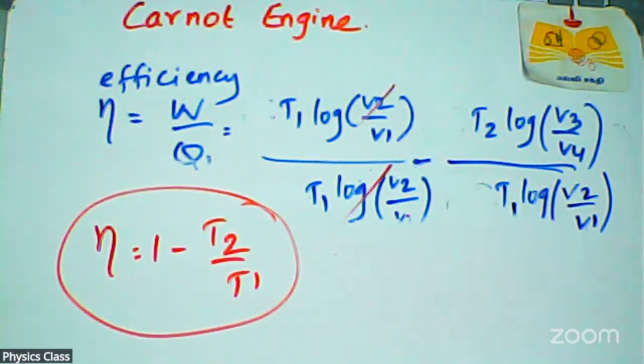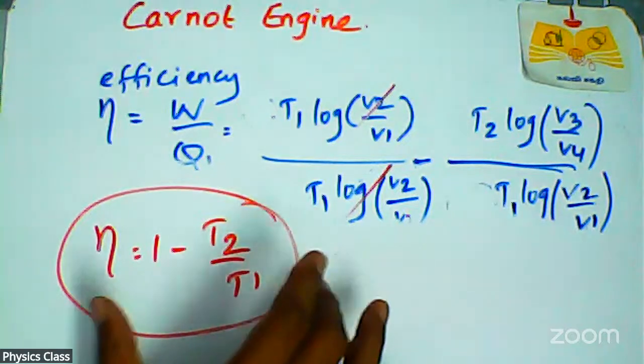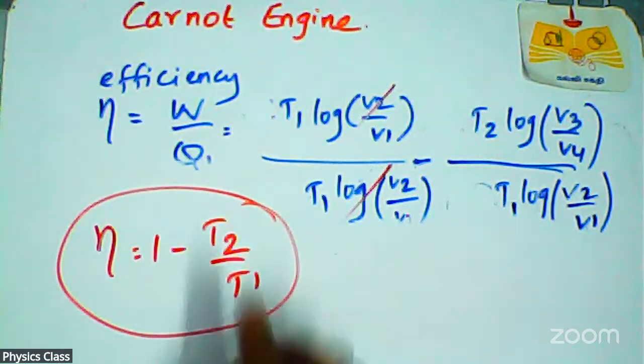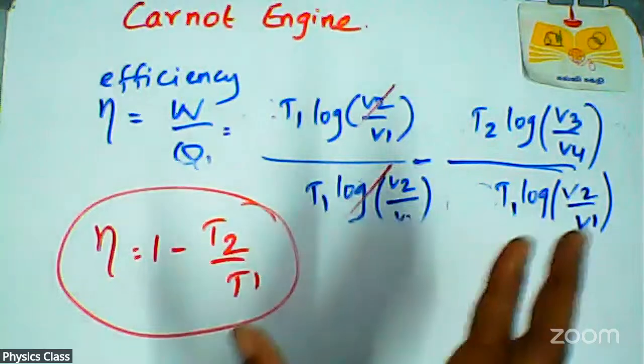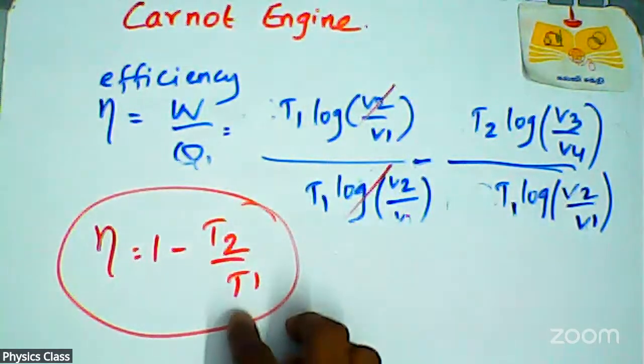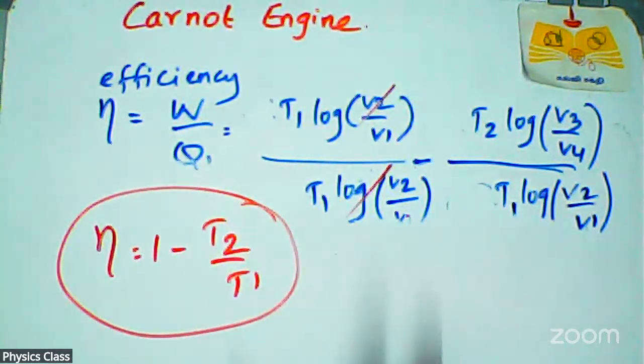Then we calculate eta, the efficiency, which is 1 minus T2 by T1. T2 is the low temperature, the cold reservoir temperature. T1 is the hot temperature, the source temperature. So this is the efficiency of the Carnot engine.